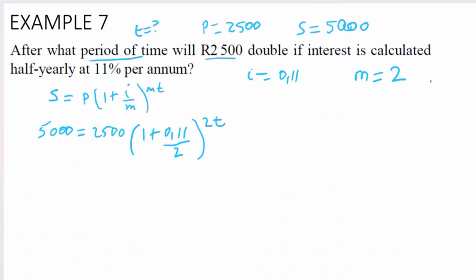Okay, so you need to simplify. If you divide both sides by 2.5, you're going to have 2 is equal to 1,055 to the power 2t.